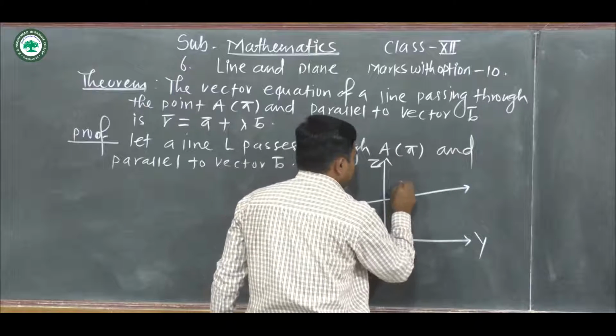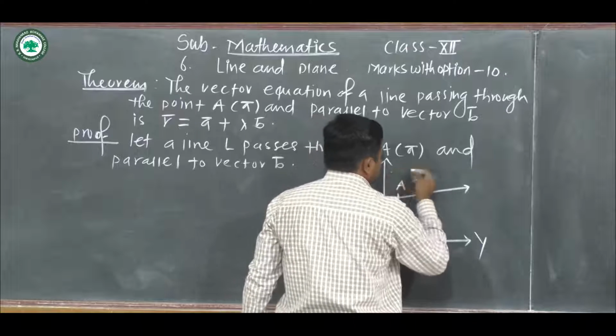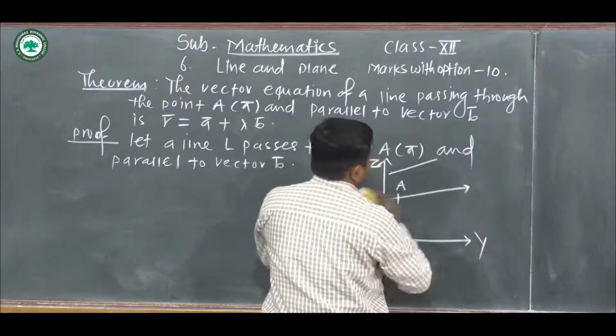This is point A through which the line passes, and this is the vector which is parallel to the line.